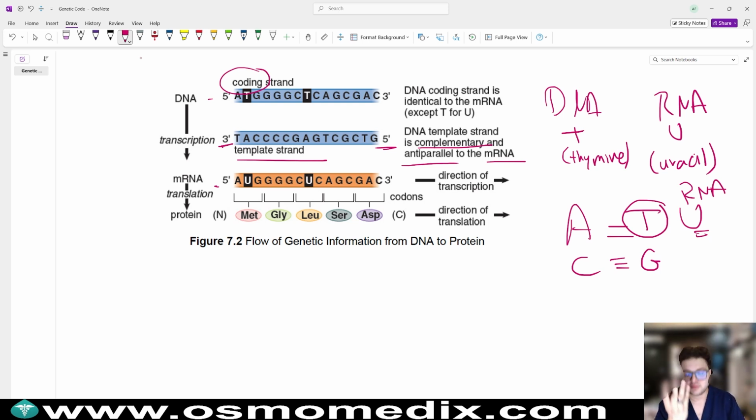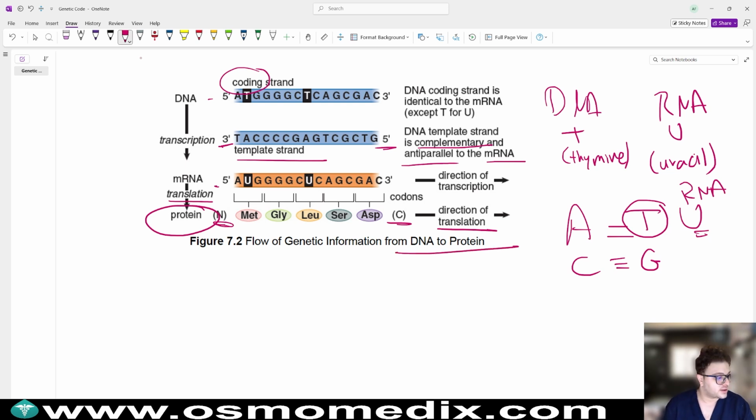When we translate that code, we get the protein, so it's called translation. This is the direction of transcription, from 5 to 3, and the direction of translation is from the N terminus to the C terminus. So this is the genetic overview.